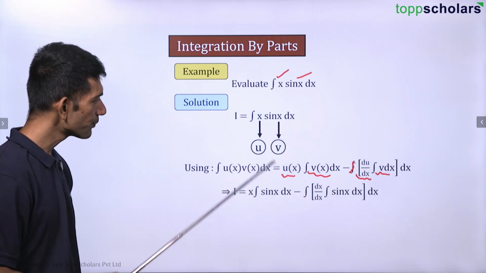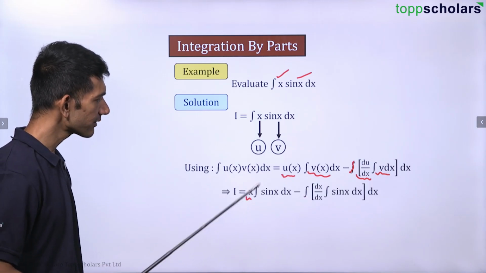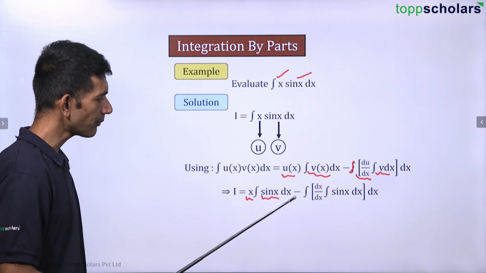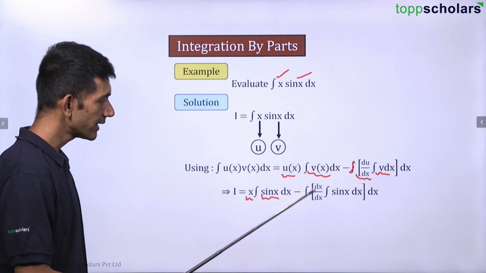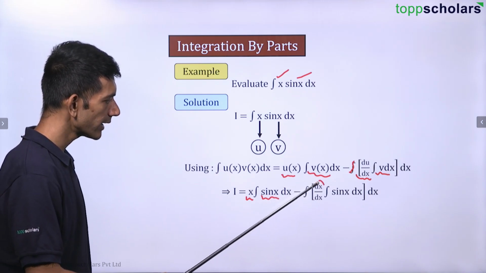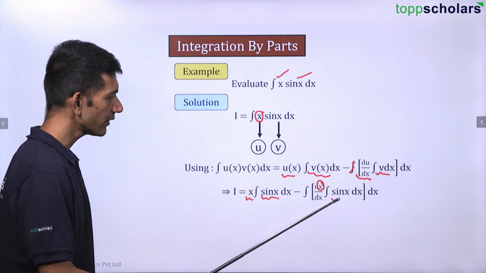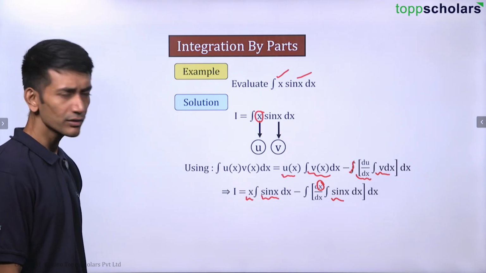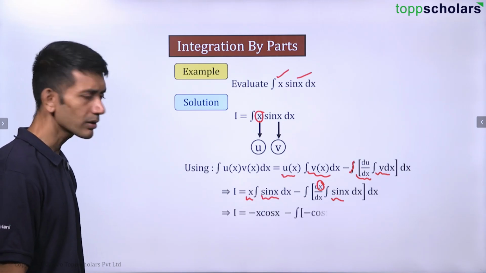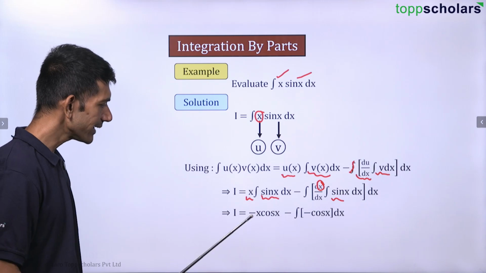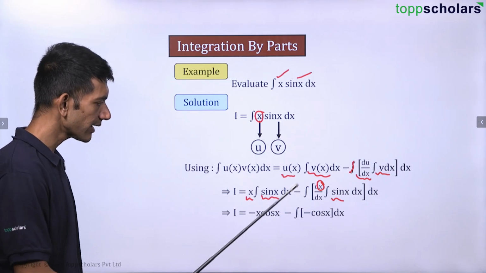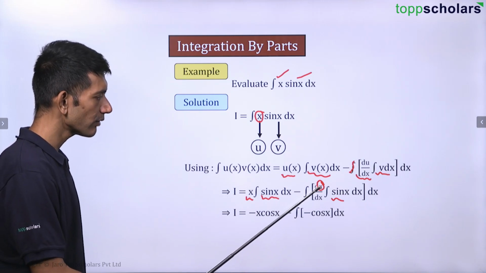Put it carefully. So u is x, integration of v minus integration of derivative of u, derivative of x, because u is x, integration of v dx. Now this is very simple. Just find this out. So we get minus x cos x minus integration of derivative of x, which is 1.